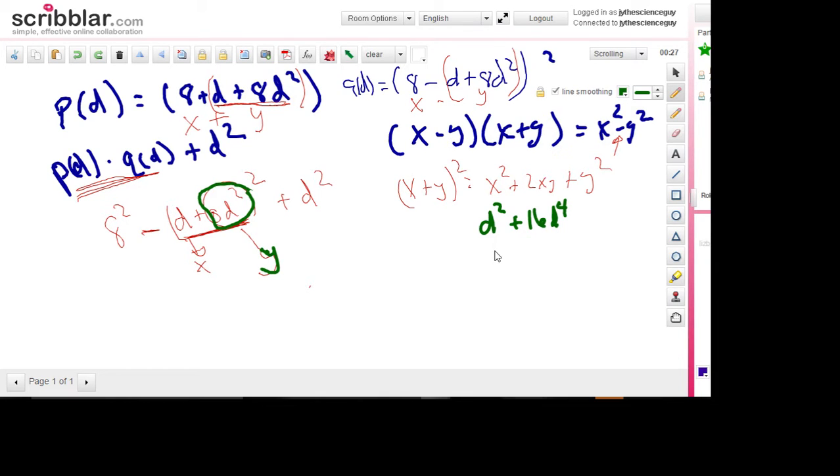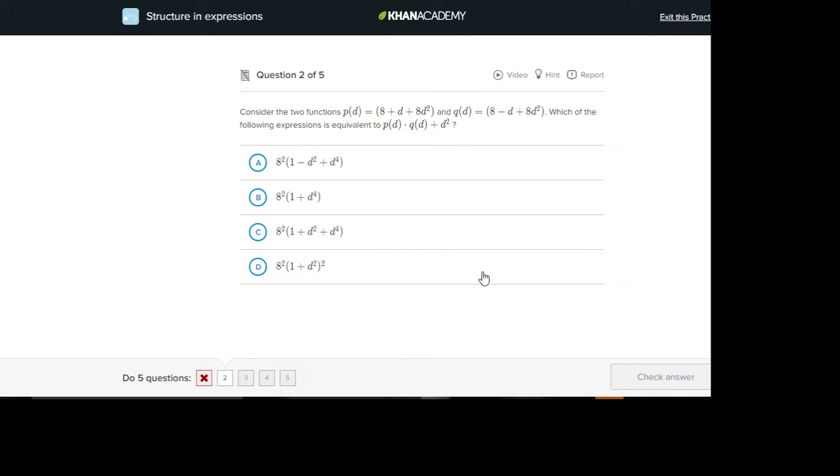Wait. So why are we using this pattern now? Because this whole thing is squared. Okay.